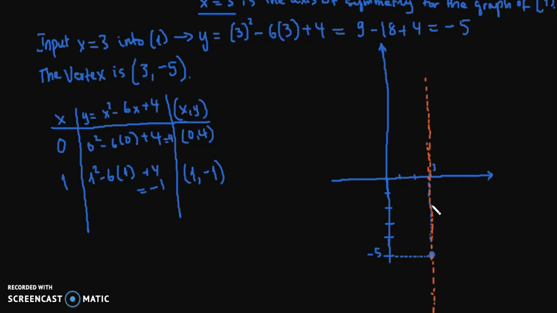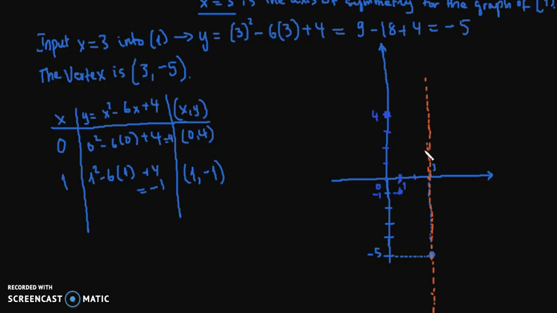So x equal to 0, y equal to 4. So this point. And then x equal to 1, y equal to negative 1. So this point.